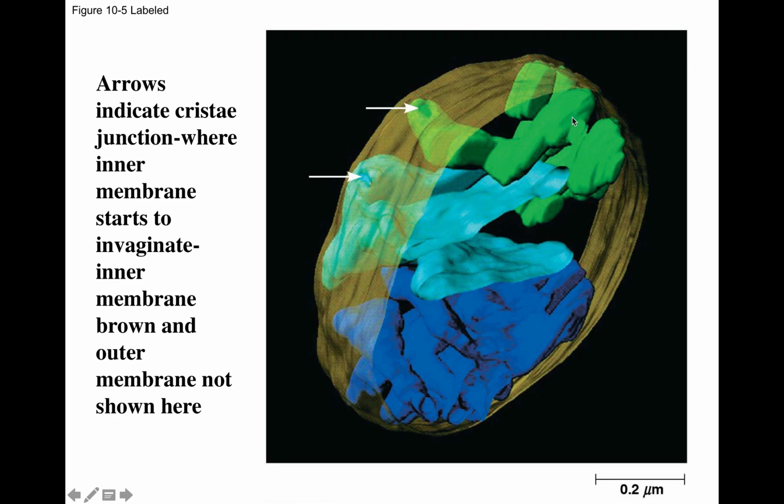So this green is connected to this sort of pale green on the outside as one continuous membrane, and this light blue is connected right there to the inner membrane. All of this is inner membrane, and again, the outer membrane is not shown on this image.